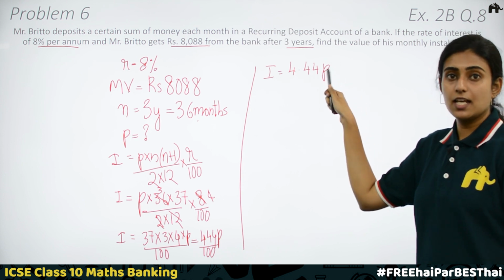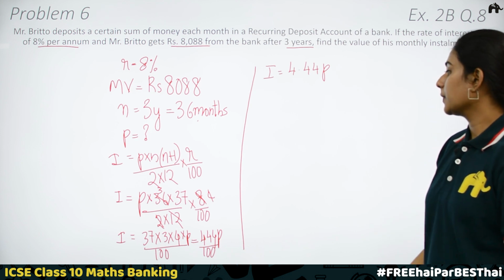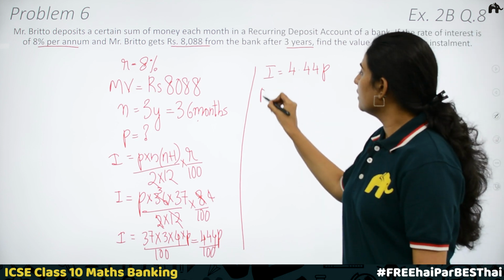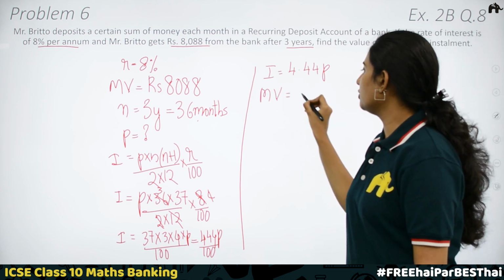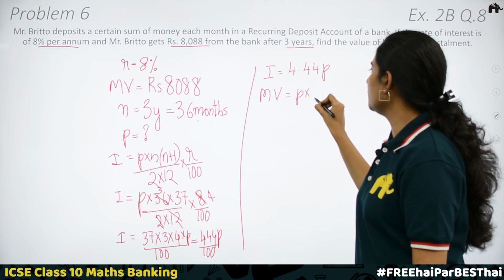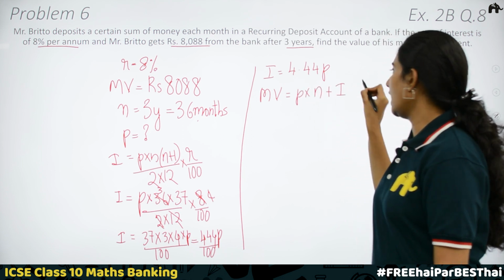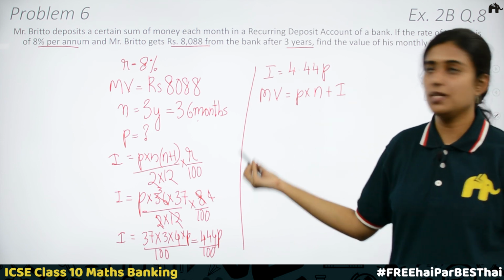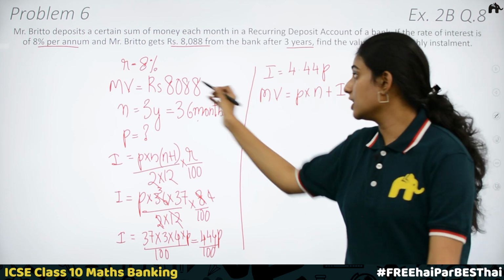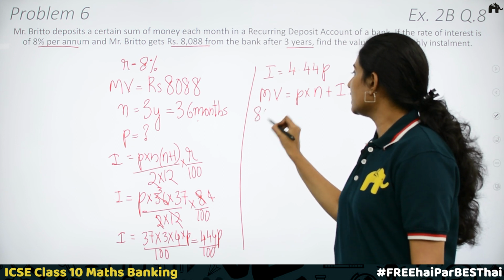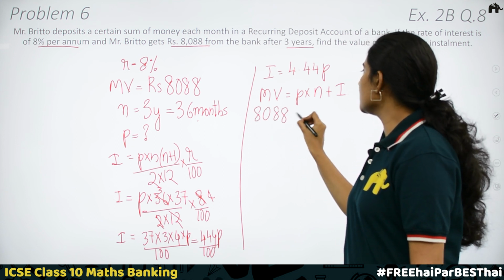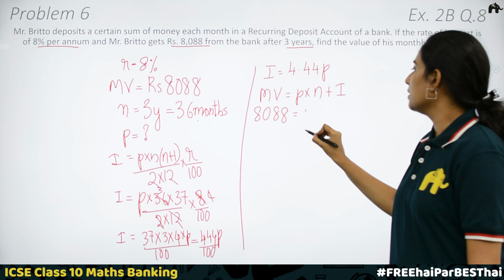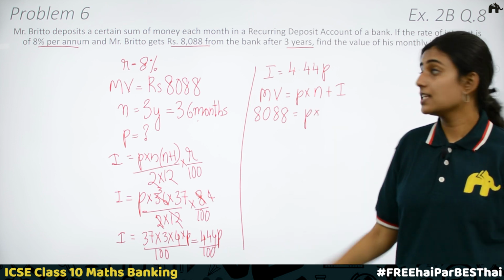We got interest in terms of P, that is principal. Okay. Now next step, to find the maturity value, we have to take the equation MV is equal to P into N plus I. Using this equation, we can find the value of P. Maturity value is given in the question, that is 8088 is equal to P into N. We don't know what P is.